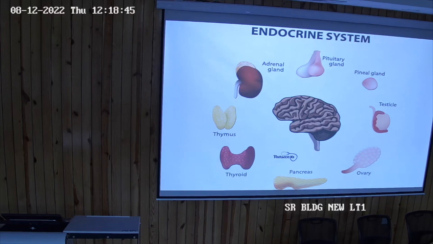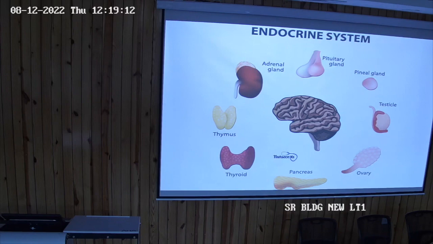The osteoclast cells of the bone are stimulated, and these osteoclast cells start releasing calcium from the bone, and that calcium increases in the bloodstream of the body, and thus they regulate the activities.